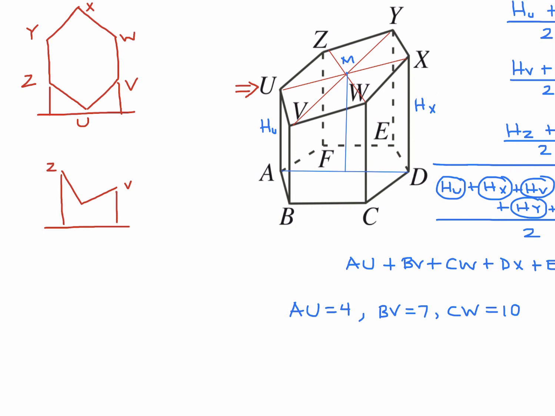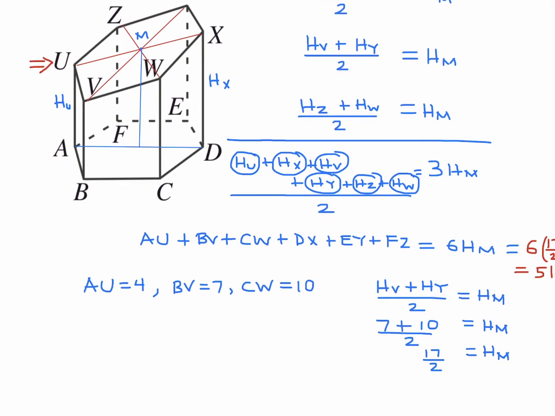Top to bottom, V is there, and now Z is here. It's no longer completely uniform, so the distance from the base to V and the distance from the base to Z is not the same. And then we've got this sort of scenario here. Does that make sense? This is now W, and this is Y, and this is X. So that tilt is very important.